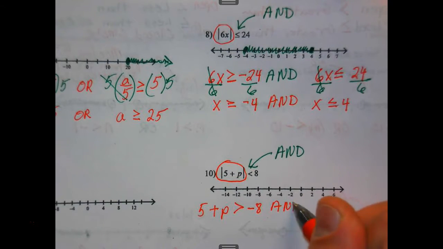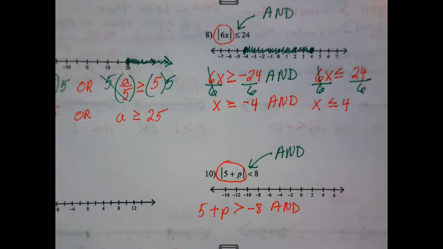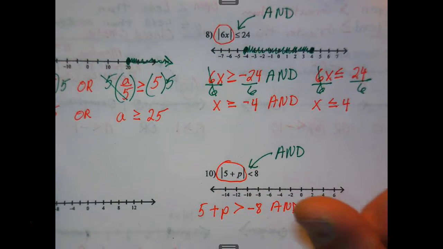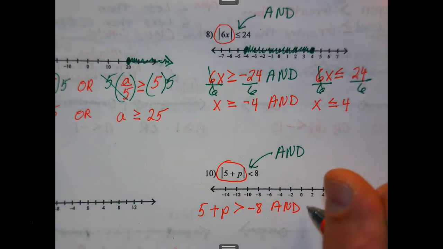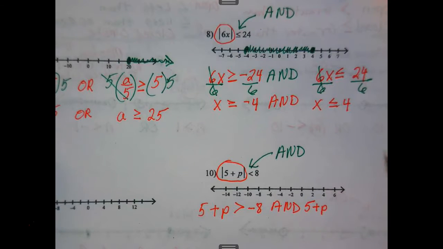And I have 5 plus p. Oh, I took it out of there. 5 plus p is going to be less than 8.